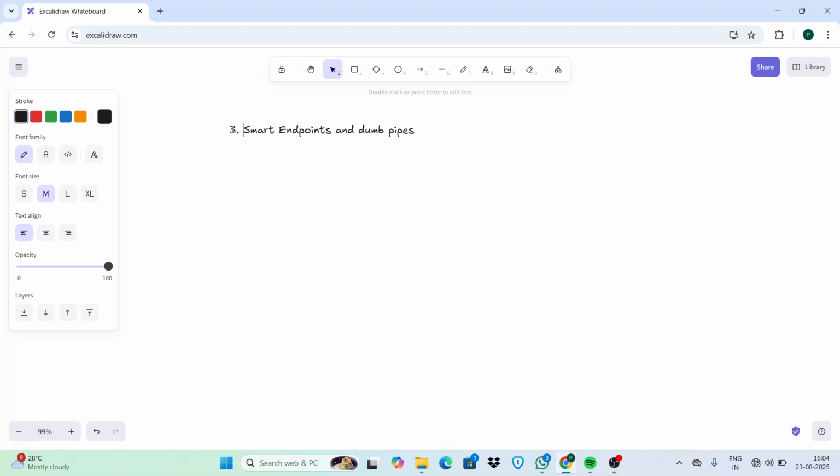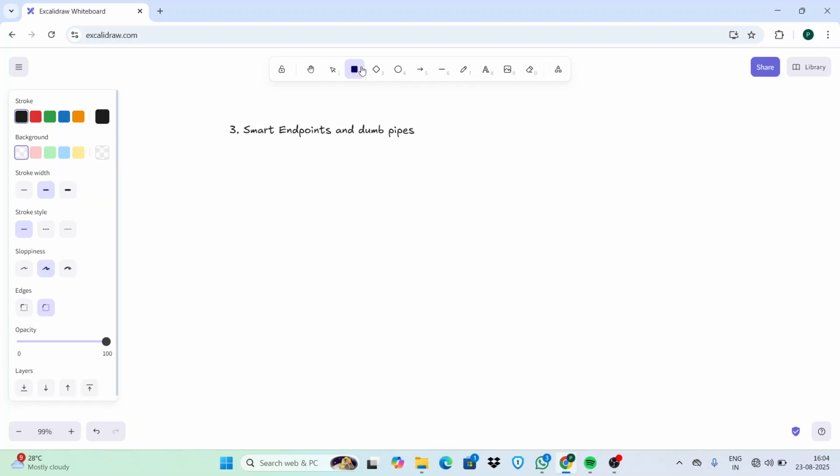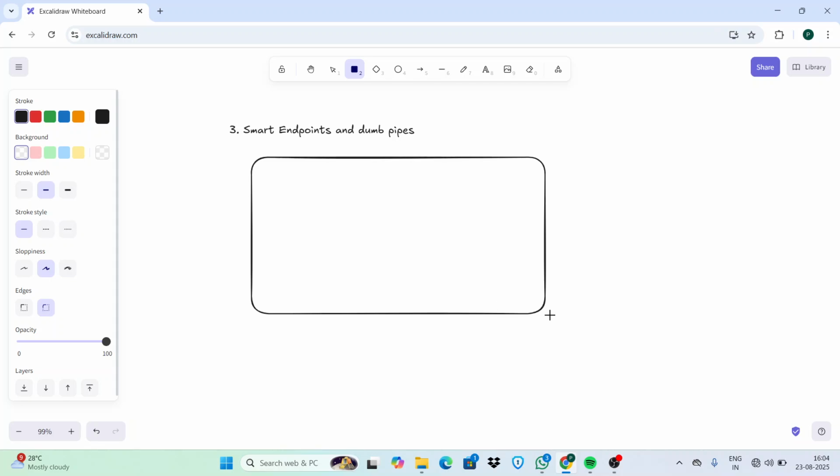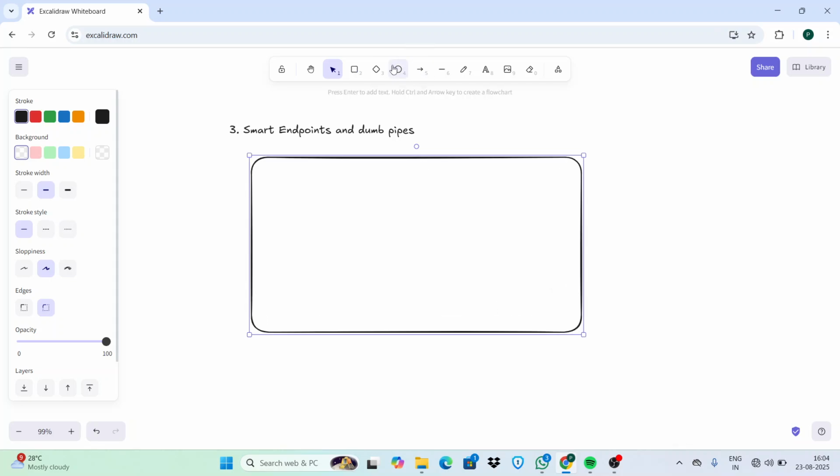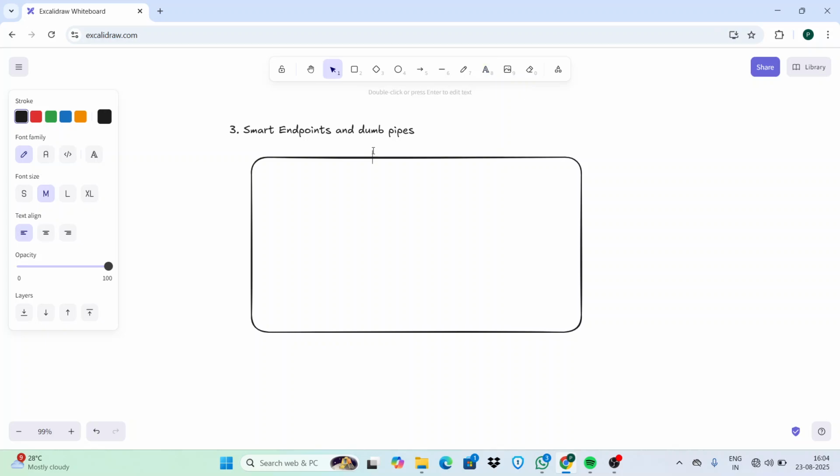So what is the meaning of it? Before that, first I'll explain what was there in SOA, service oriented architecture.